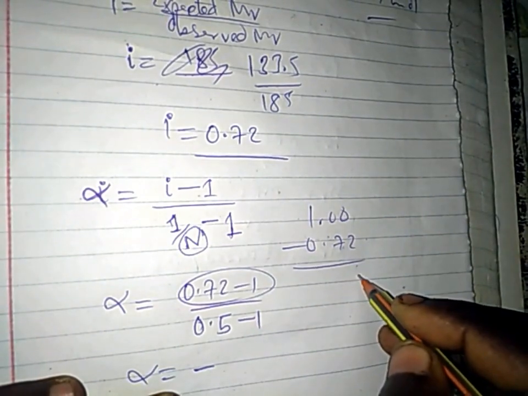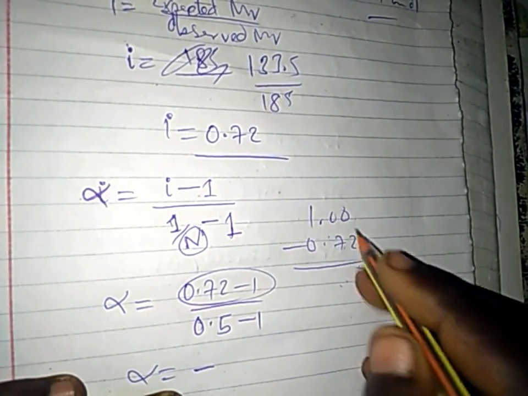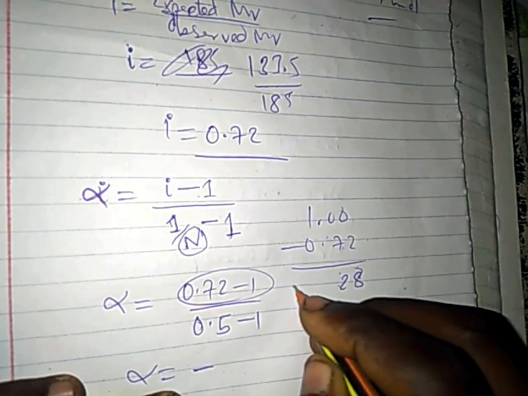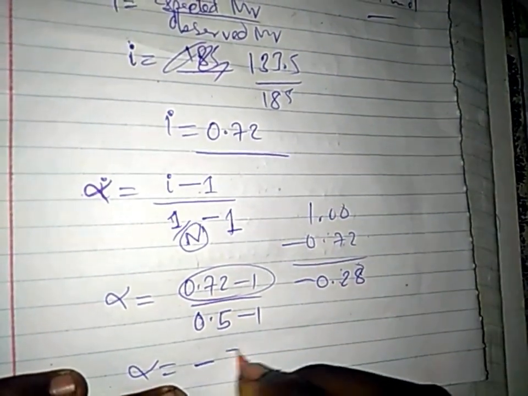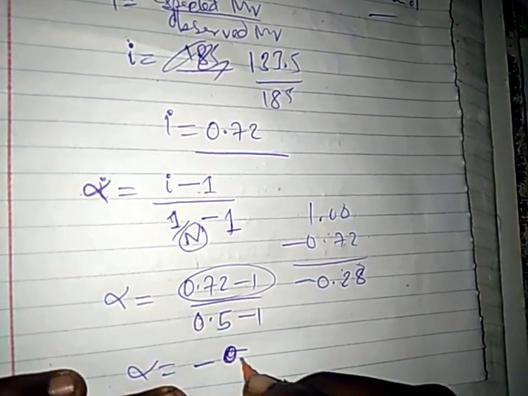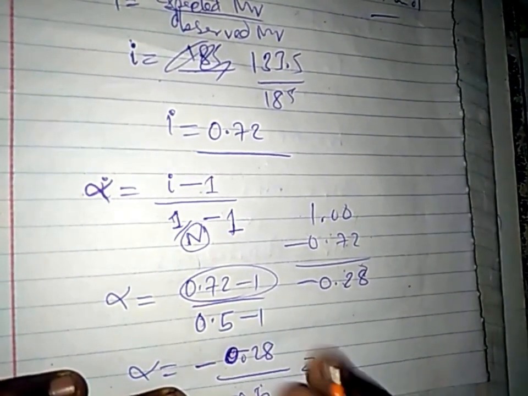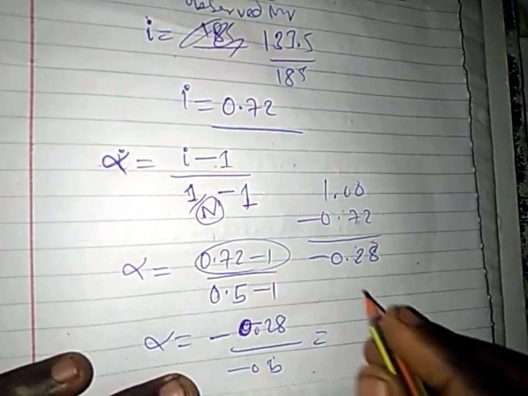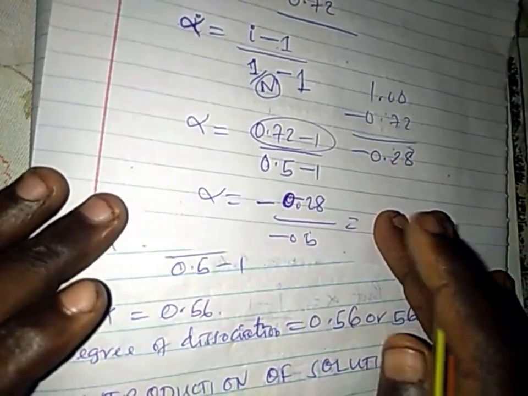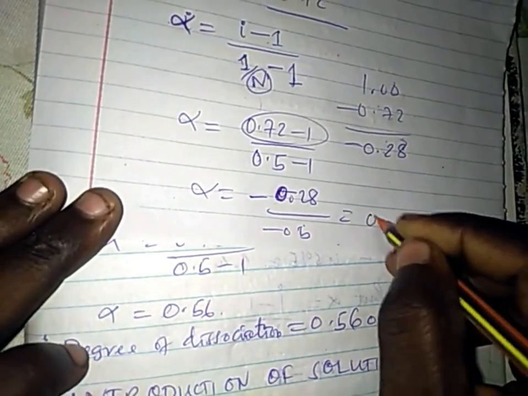It is 0.72 minus 1, that is negative 0.28, divided by negative 0.5. The final answer tutapata ni 0.56.